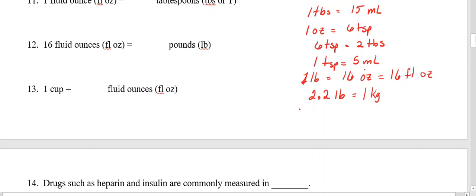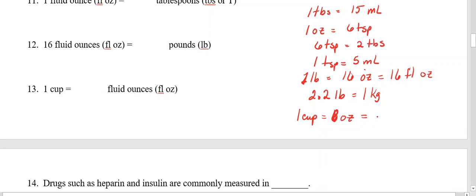Now, 1 cup is equal to 8 ounces. Sometimes they're 6-ounce cups, but most of the time it's 8-ounce cups. If I ever use a 6-ounce cup, it'll say a 6-ounce cup. So if I just say cup, it's an 8-ounce cup.